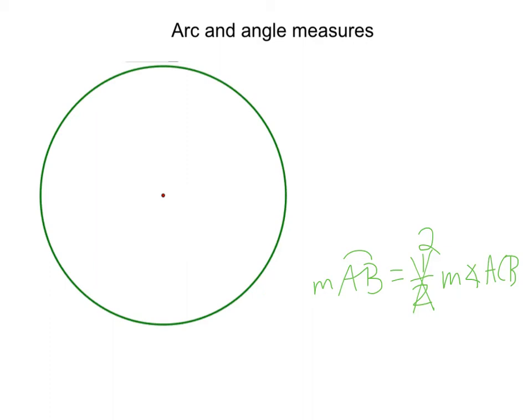The arc is twice as big as the angle. So if we erase all this and go back to our original problem and say, if this is 20 degrees, then this arc is 40 degrees. Hope that makes sense.